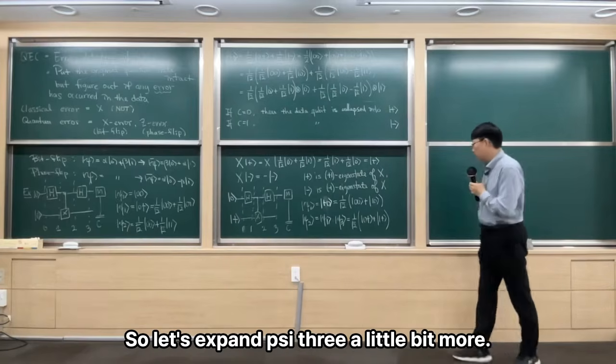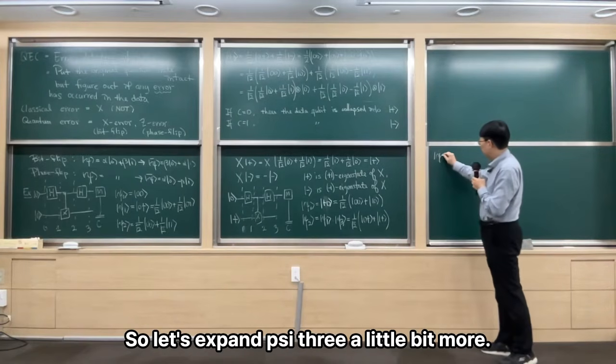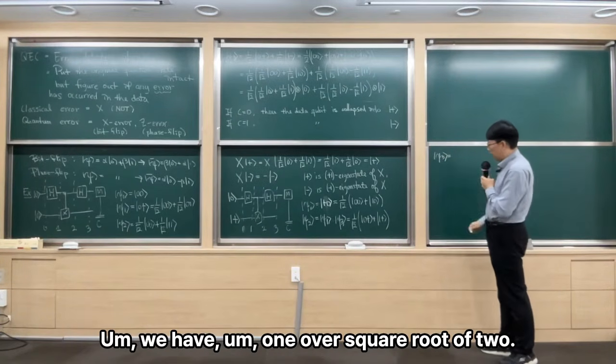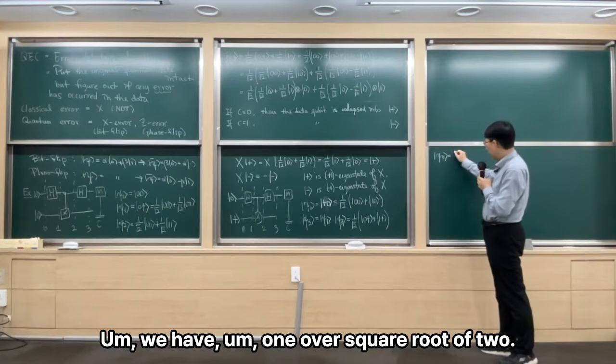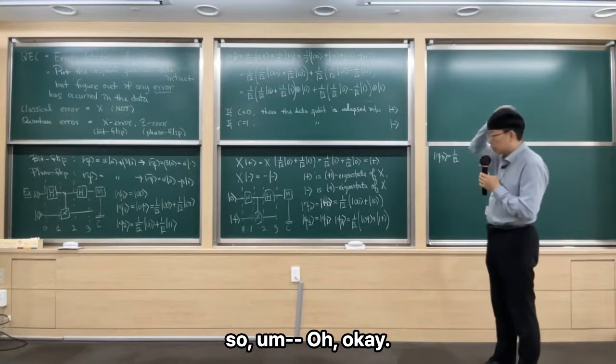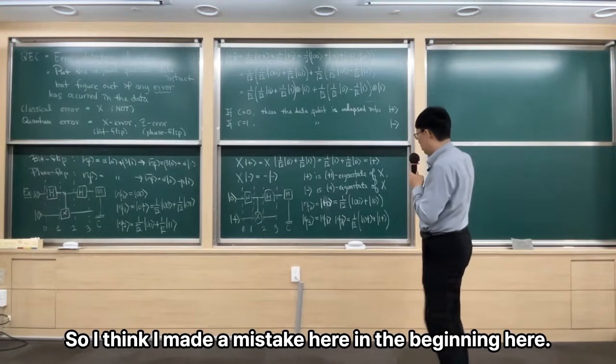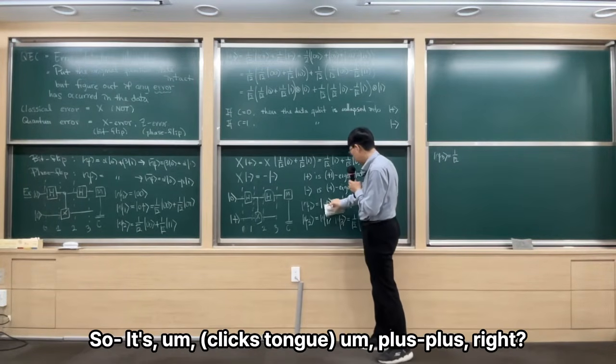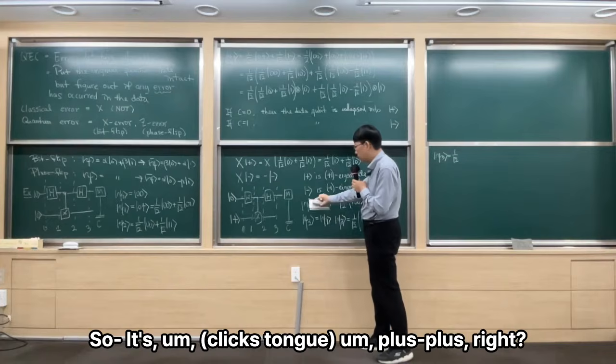Okay, so let's expand psi 3 a little bit more. We have 1 over square root of 2. There's something going weird here. Oh, okay, I think I made a mistake in the beginning. It's plus plus, right?